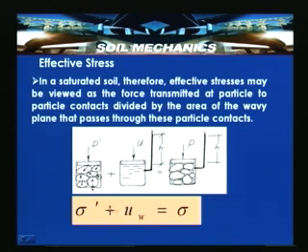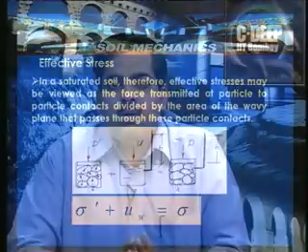Here the effective stress equation is given in a pictorial representation, where sigma dash results from the grain to grain interaction over an area A. Area A is the cross-section area of the mold perpendicular to the application of the stress, and U is the pore water pressure. So, sigma dash plus UW is equal to sigma, the total stress. What we have derived is that total stress is equal to effective stress plus pore water pressure.